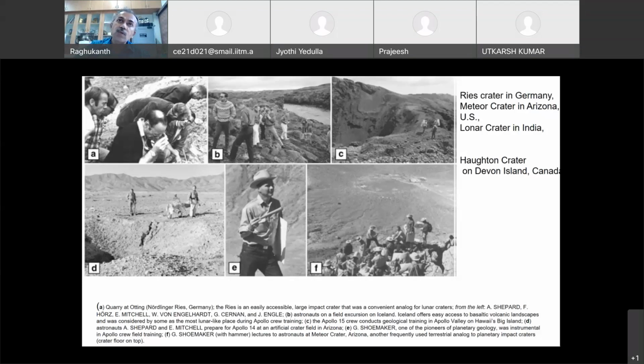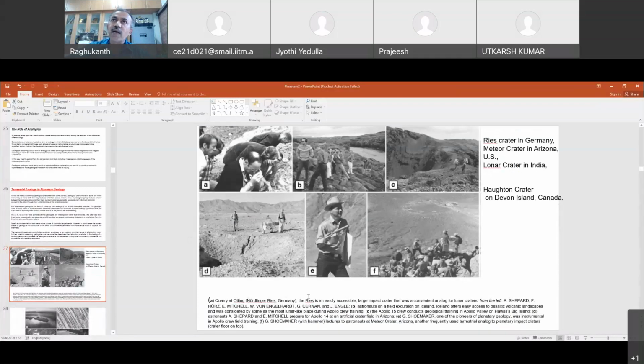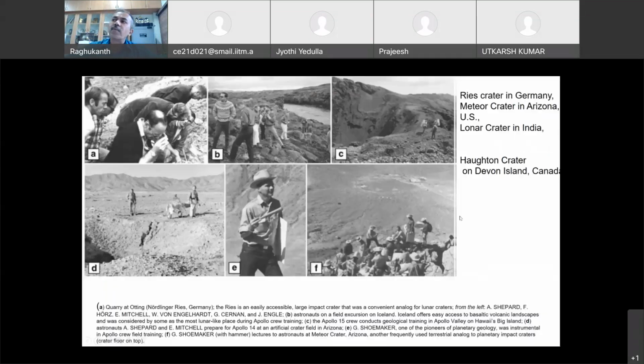No, that is near the poles, but what is the geological advantage with Iceland? If you see the plate tectonic maps, I will show it at a later stage. I don't have that image now. You can just see it in Google. What happens is Iceland is located at the junction of two tectonic plates, the Atlantic plate and the Pacific plate. So it is basically a mantle plume, this Iceland, and it has volcanoes. Everything is there in Iceland.